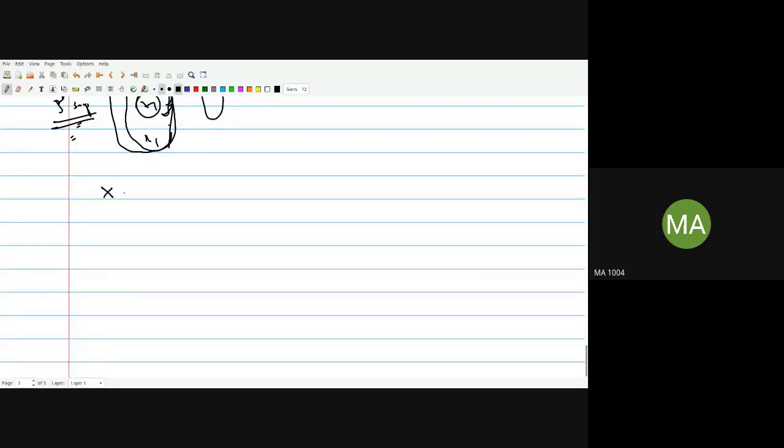If x follows normal 0, sigma square, then x square will follow gamma 1 by 2 comma 1 by 2 sigma square. This is the first thing.